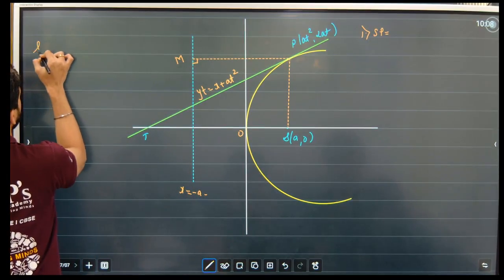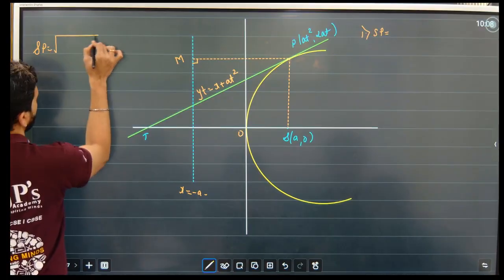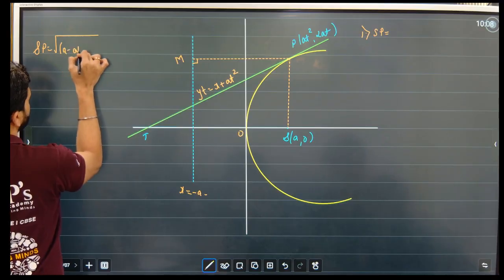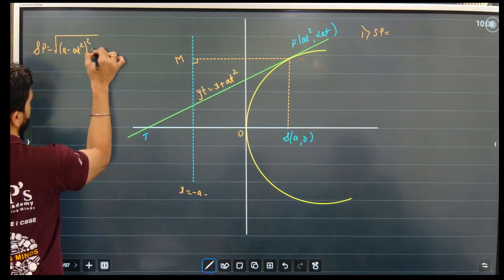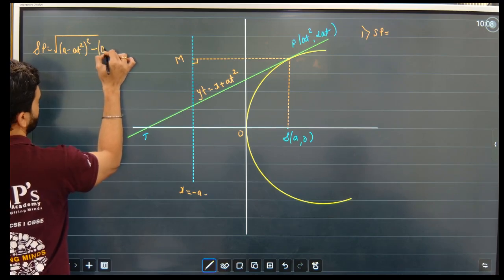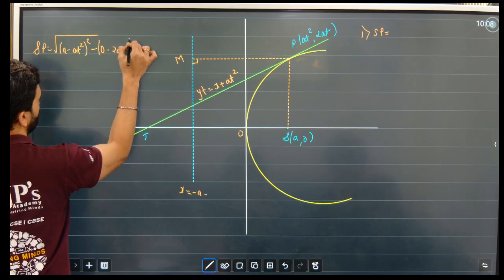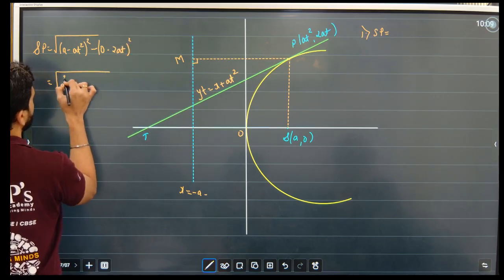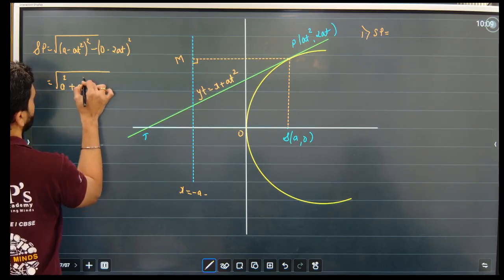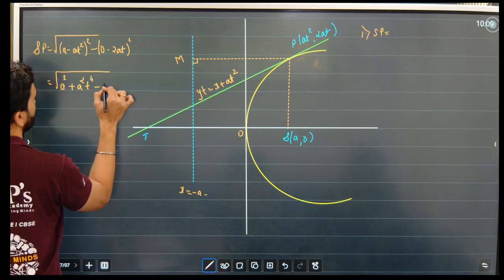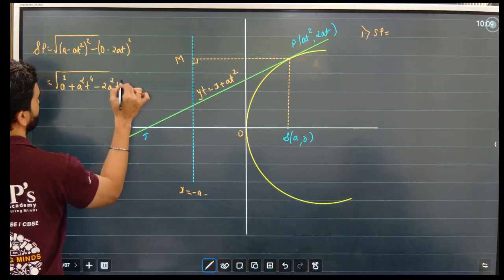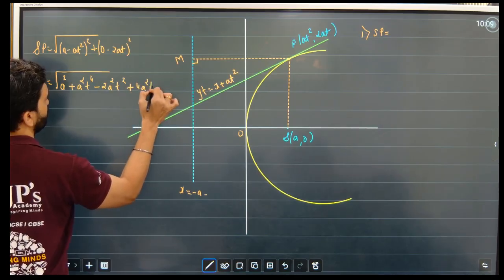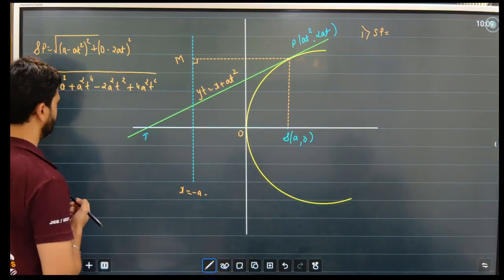So if I solve SP by the distance formula, it will become the under root of (a minus at²) the whole square plus (0 minus 2at) the whole square, which will become a² plus a²t⁴ minus 2a²t² plus 4a²t². What will this become?